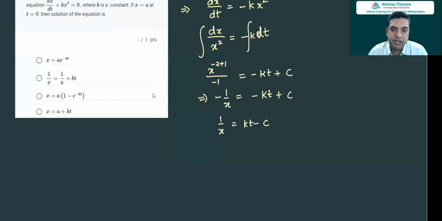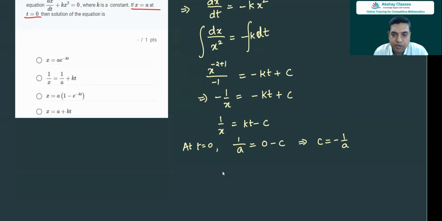Now the given condition is x is equal to a at t equal to 0. So use that condition. At t equal to 0, x is a. So we get 0 minus c. So minus c is 1 by a, c is equal to -1 by a.